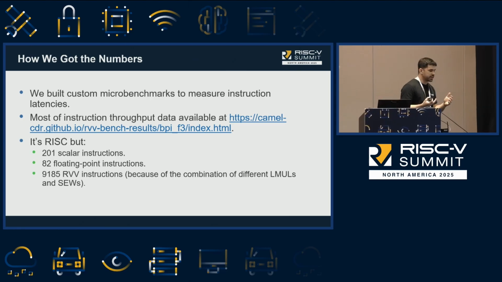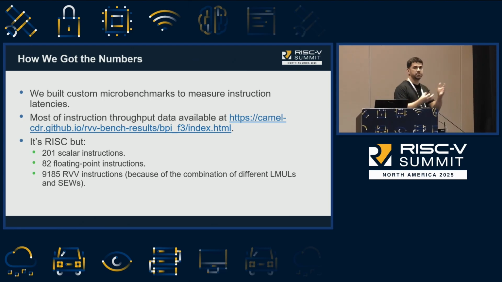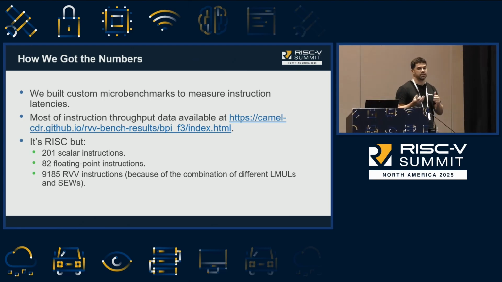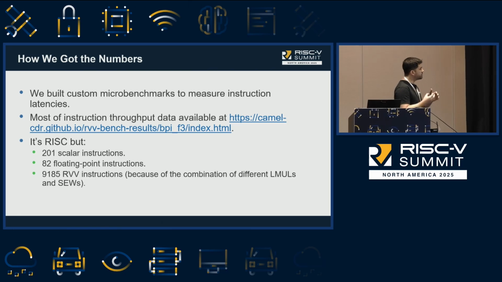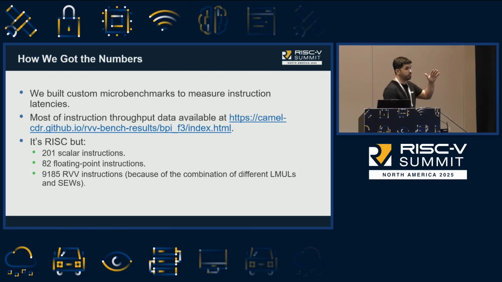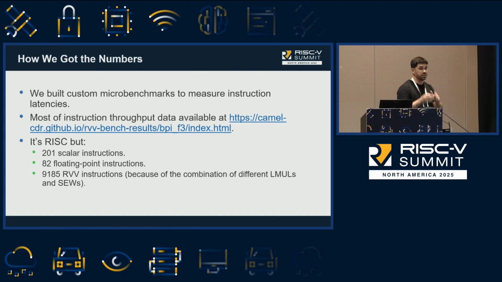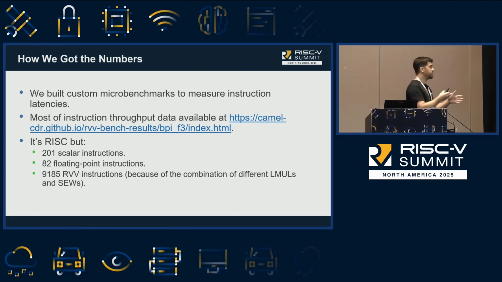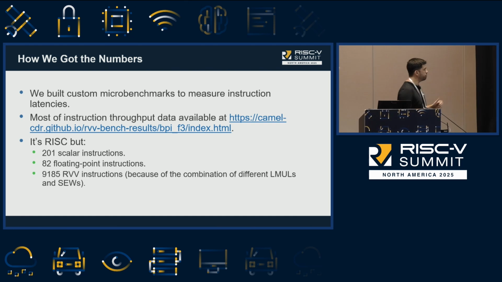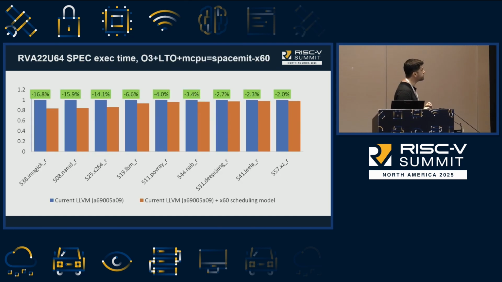Not exactly instructions, but the RVV, since we have different combinations of LMULs and element widths, we have to take them all into account. So I have this massive spreadsheet with the latencies of all these instructions that, once collected, needs to be added to LLVM. So this was a massive piece of work during the project.